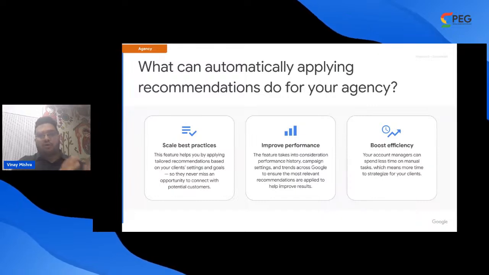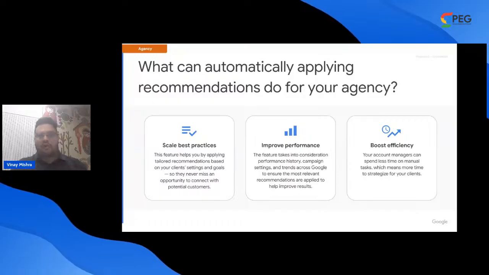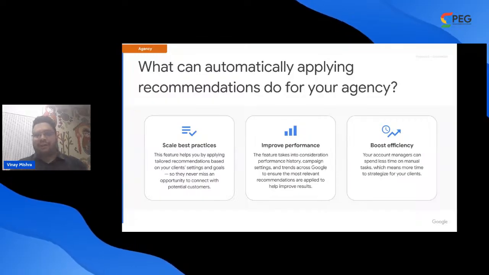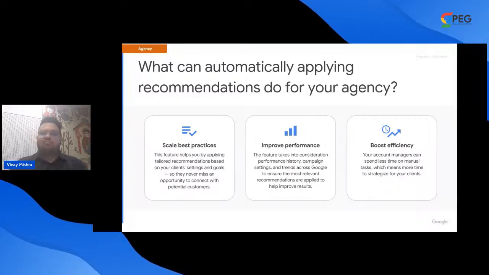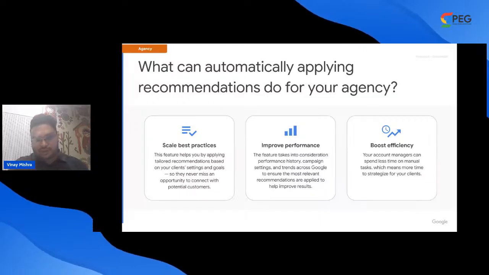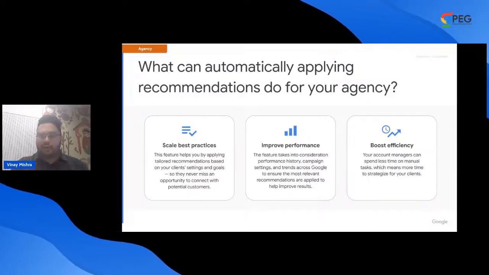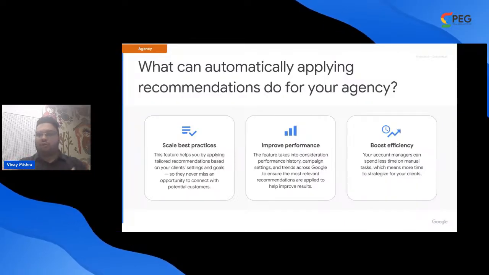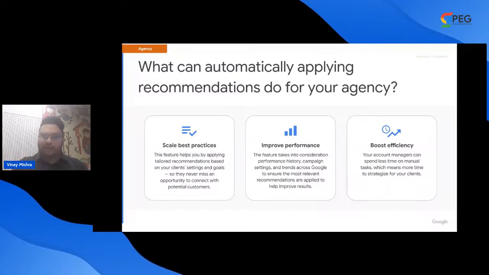And because you already have the best practices taken care of, now it is important how it is improving your performance, right? As I've mentioned, this feature considers performance history and your previous data, and the inputs that you have given to the system. When I speak about the system here, I'm talking about the goal inputs that you have already given to the system while creating this campaign.